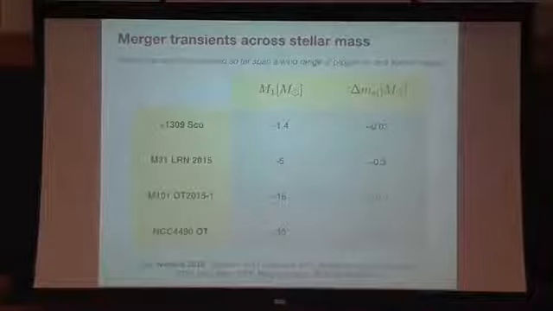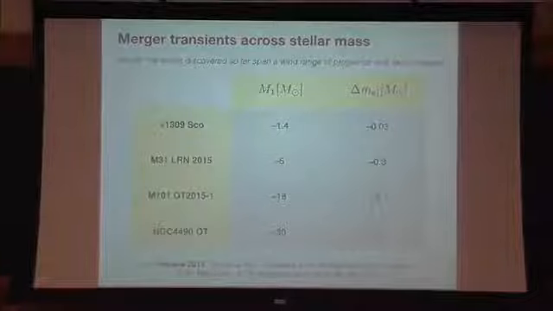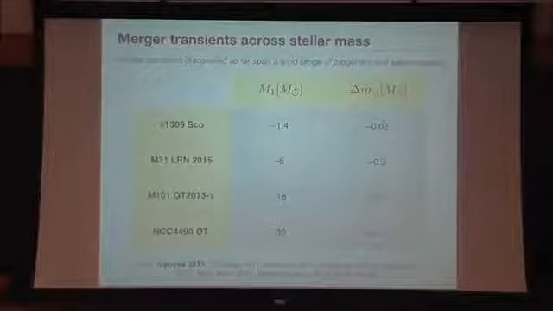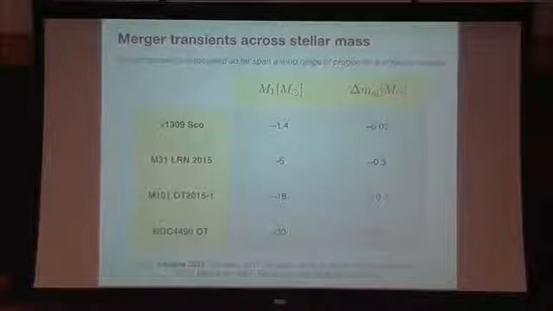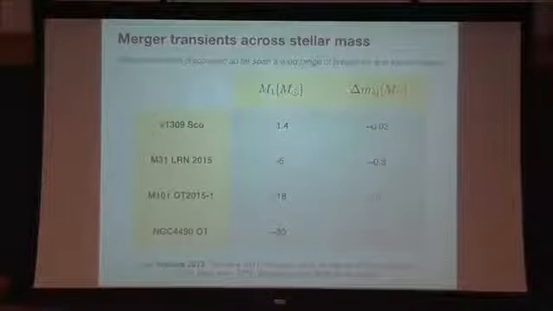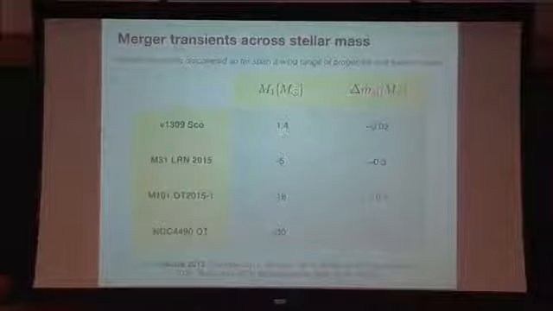Then we get a range of values from something like a percent of the total binary mass to some order of the binary mass. And so it's possible, but I don't think we know yet, that we're seeing the continuum between merger events and envelope ejection events.